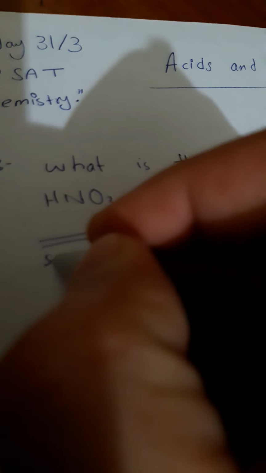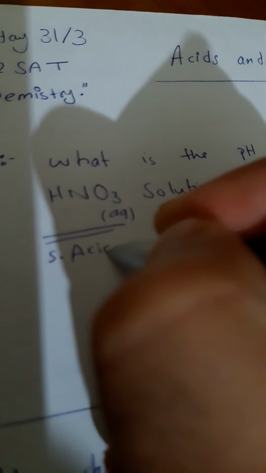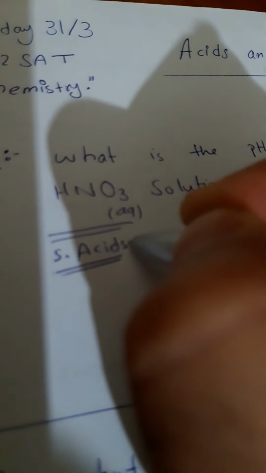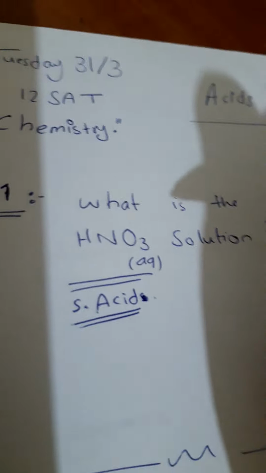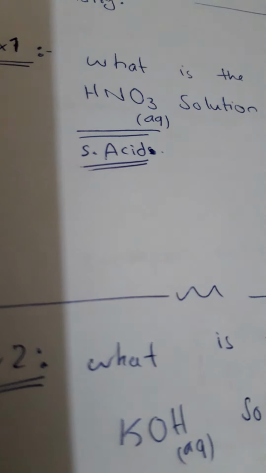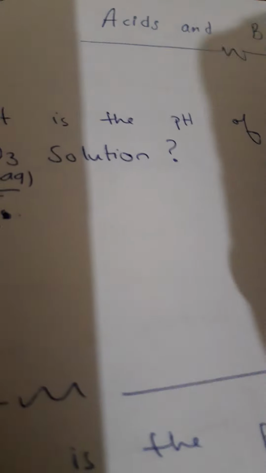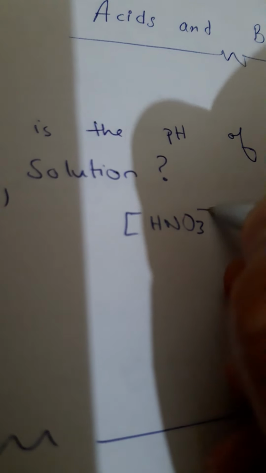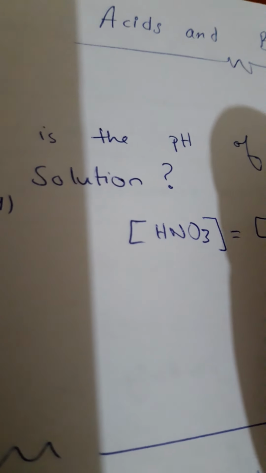HNO3 is one of the strong acids. So it is a strong acid. And as we said in the last video, strong acid ionizes completely. So the concentration of nitric acid given in the question is the same as concentration of hydrogen ions.